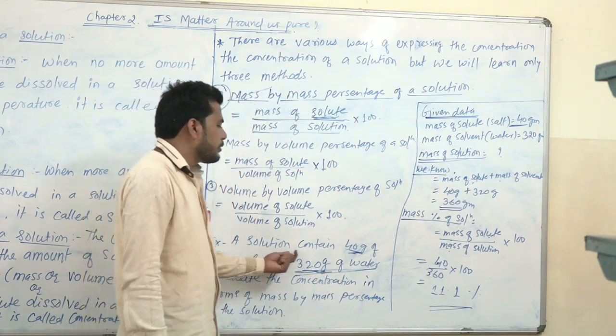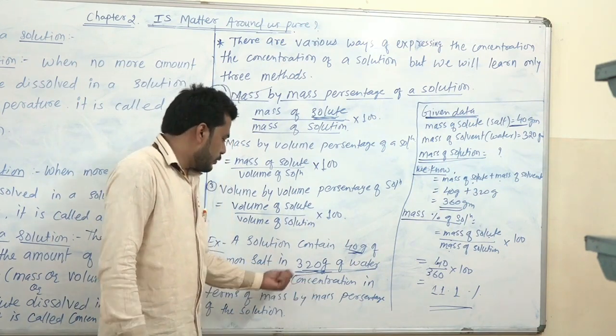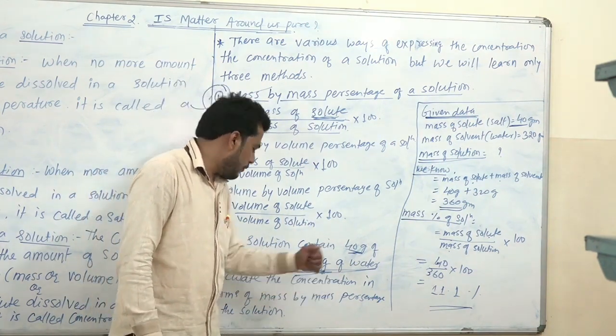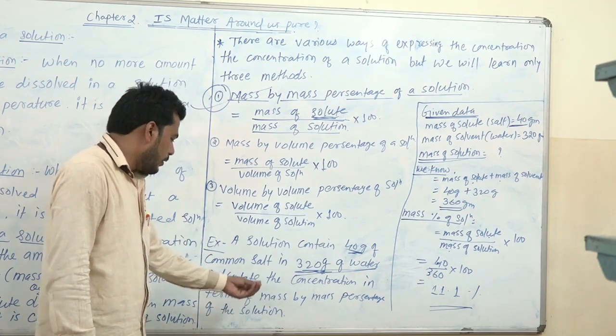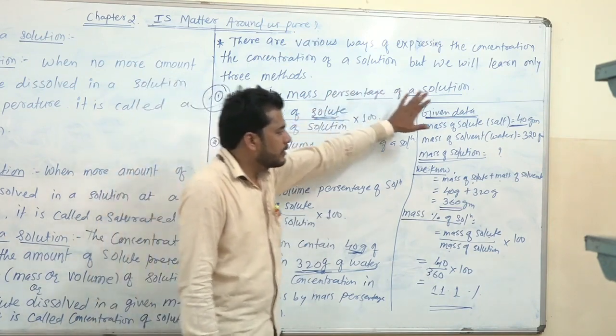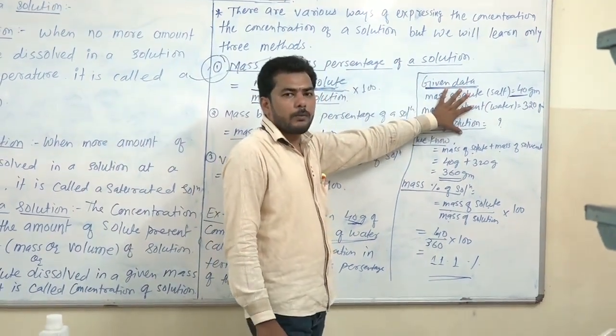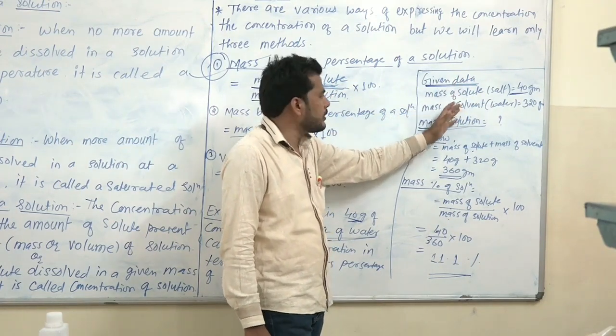In this example, a solution contains 40 gram of salt and the solvent is 320 gram of water. Calculate the concentration of the solution in terms of mass by mass. This is your problem. How do we solve that problem? Given data we have to write first.